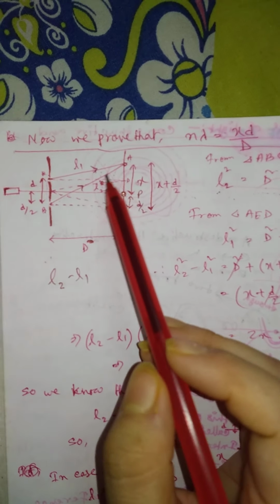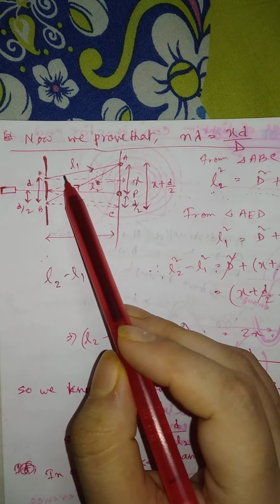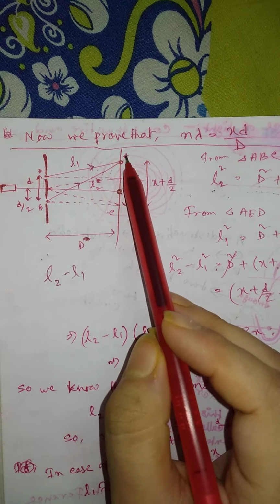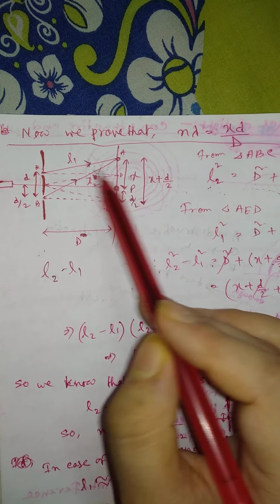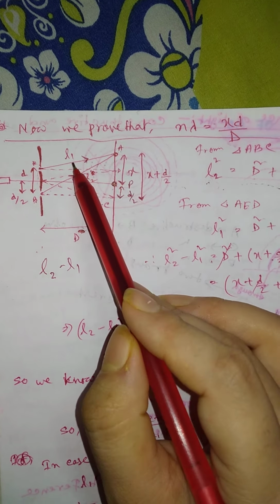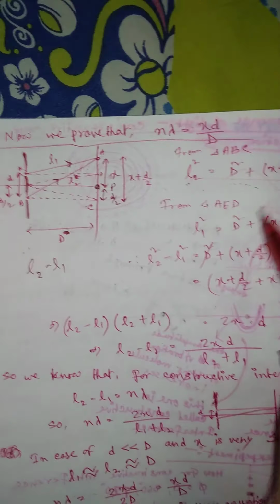Now from this right angle triangle AED, this is perpendicular, this is base and this is hypotenuse. So L1 square equals base square, that means D square, plus AD square. What about AD?